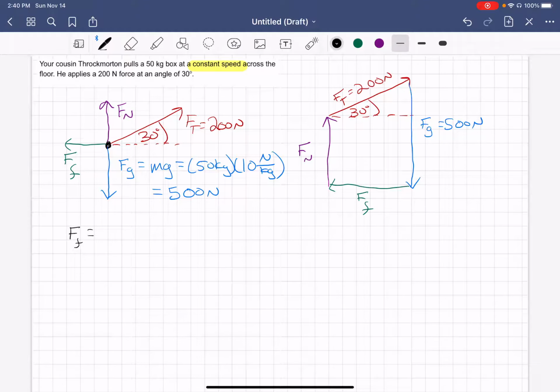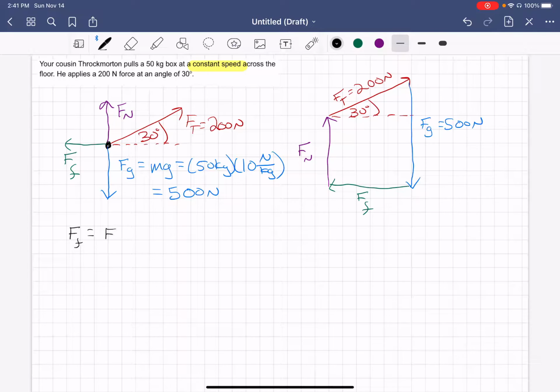Figure out how big some of these forces need to be. I'm going to start with the force of friction. As I look at this shape, this side that represents the force of friction must be the same length as this portion up here, which is the base of a triangle where that tension force is the hypotenuse.